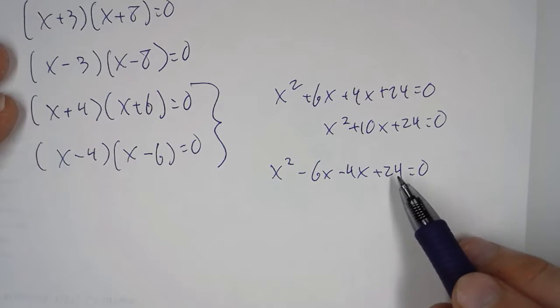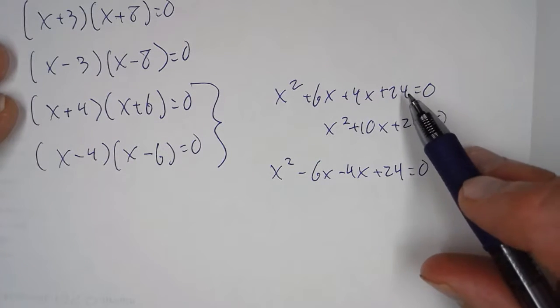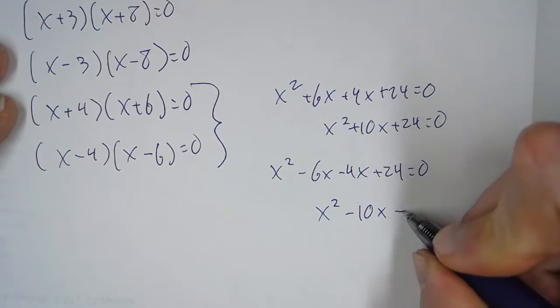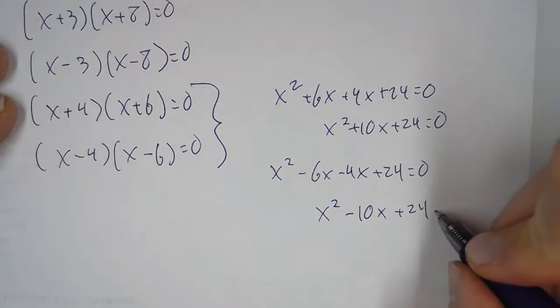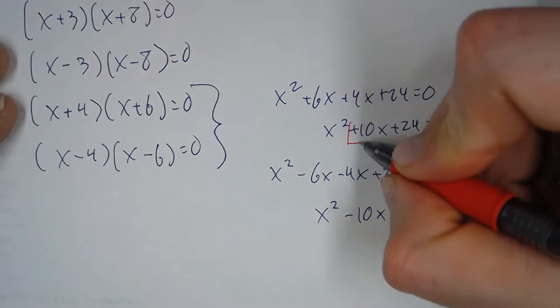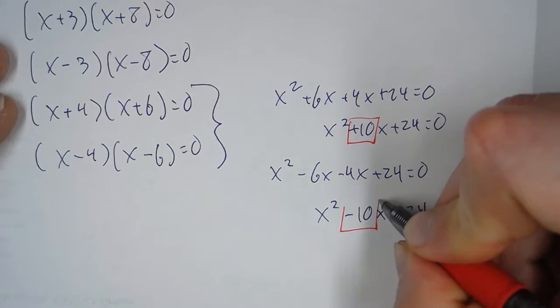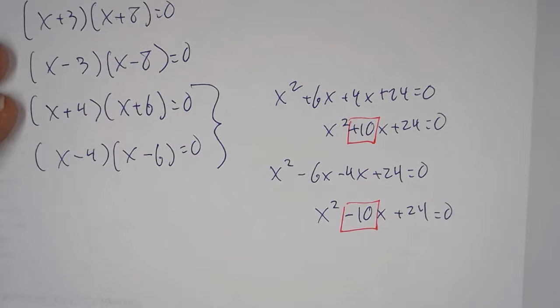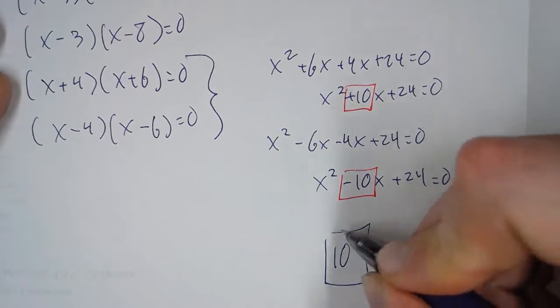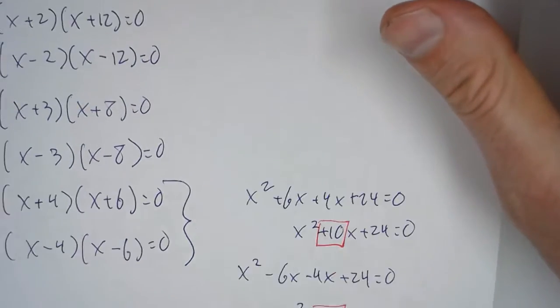We still get plus 24 for our constant, but here we get x squared minus 10x plus 24 equals 0. So what we're comparing is this coefficient here and this coefficient here. And so, which is the largest? 10. 10 is the largest number that works.